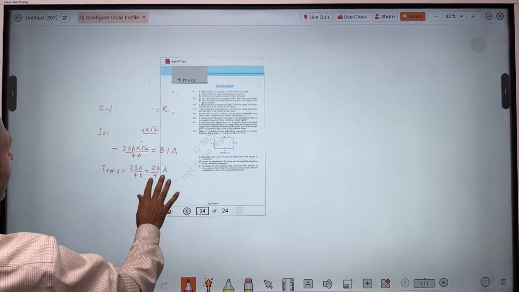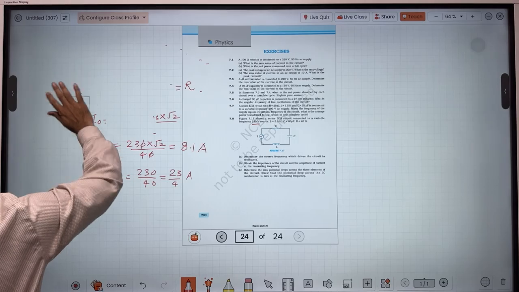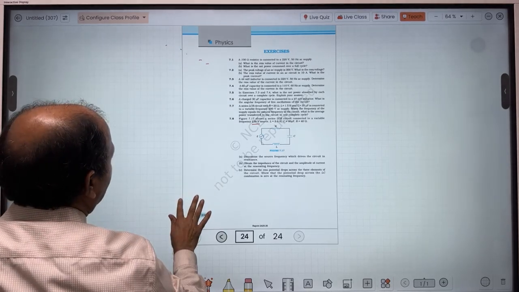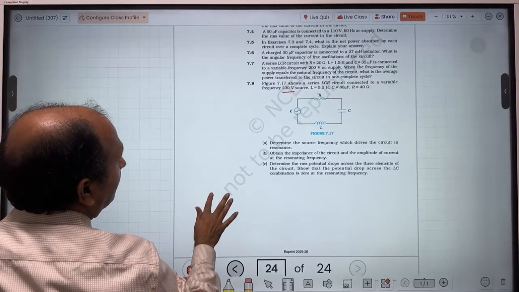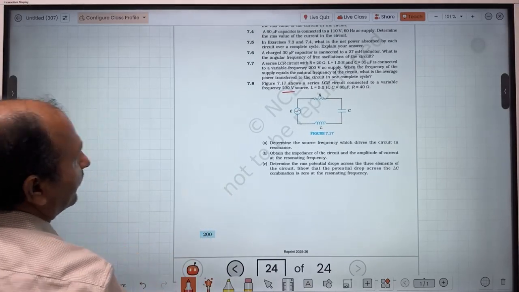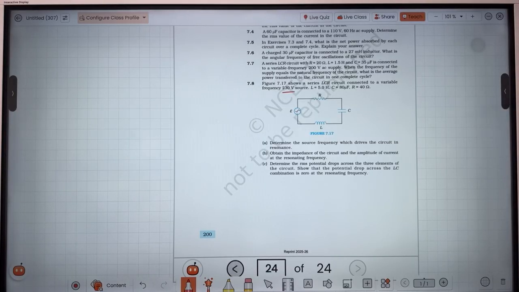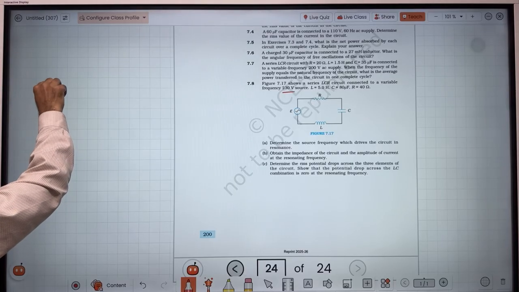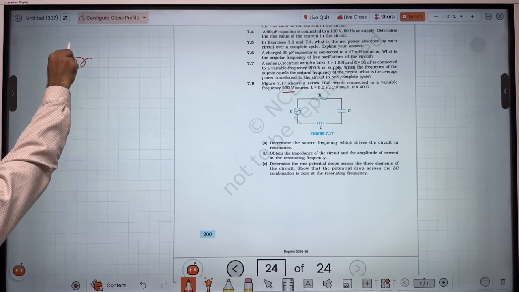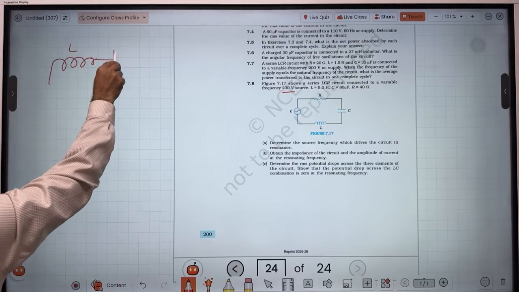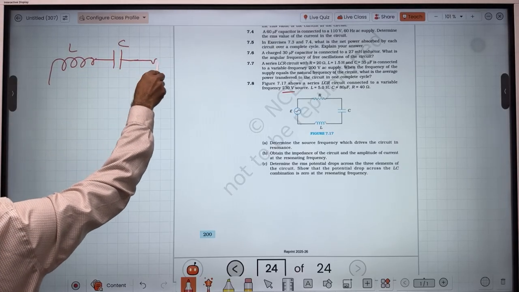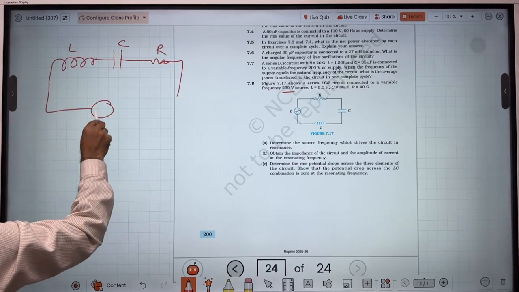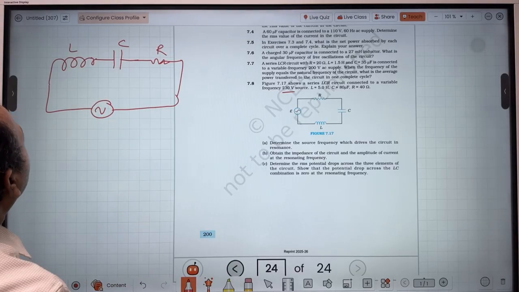So let's see what is happening. We have got the current. Now the potential drop is to be found. So let's redraw the circuit. Here this is L, then there is C, and then this is R, and this is the AC source. We have to check the voltage.